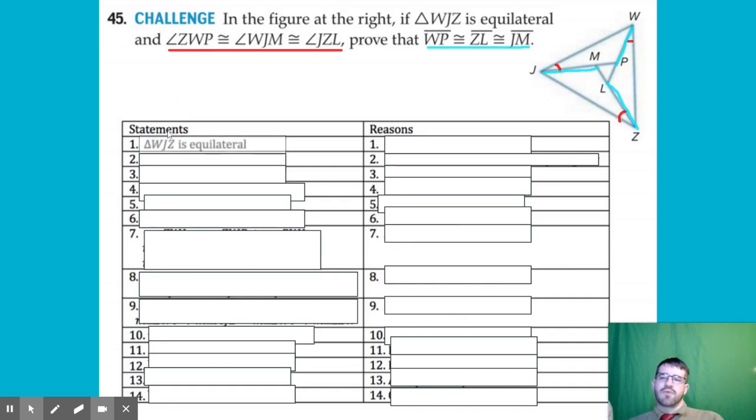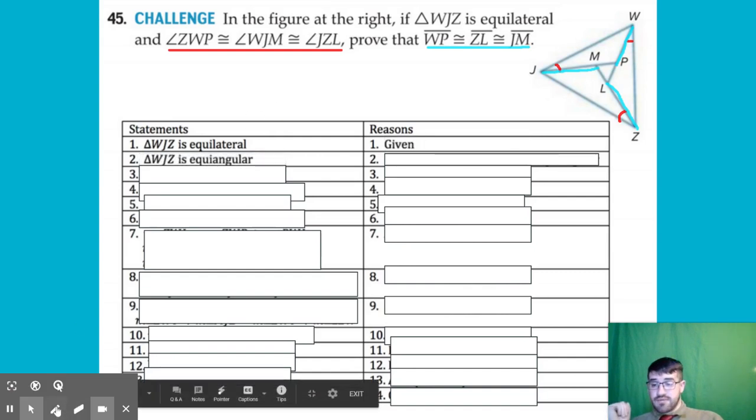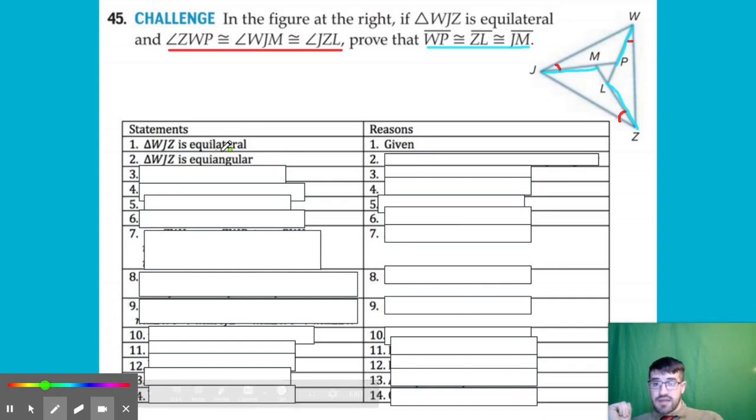So let's begin working through this. We know that WJZ is equilateral. Because WJZ is equilateral, we also know that it's equiangular. I'm going to highlight that in green, with a green dot here. It means that this angle is congruent to this angle, and that's congruent to this angle.